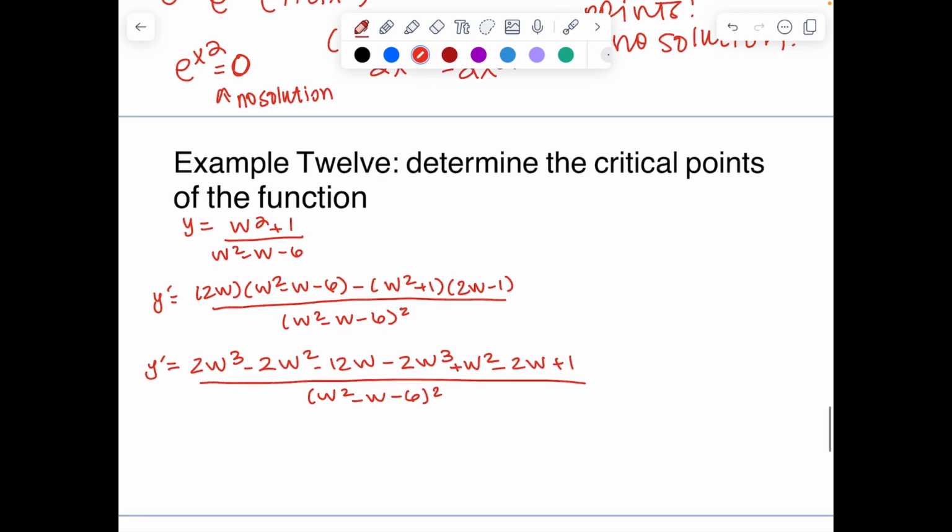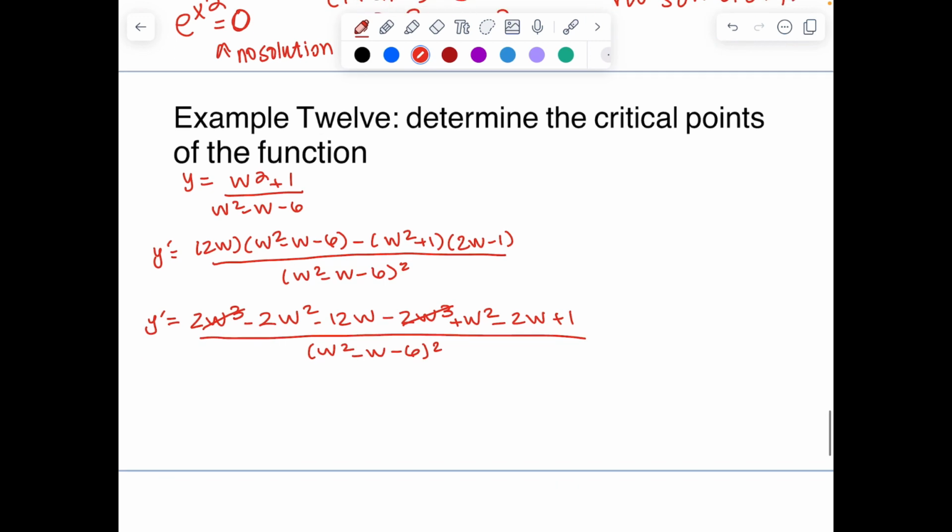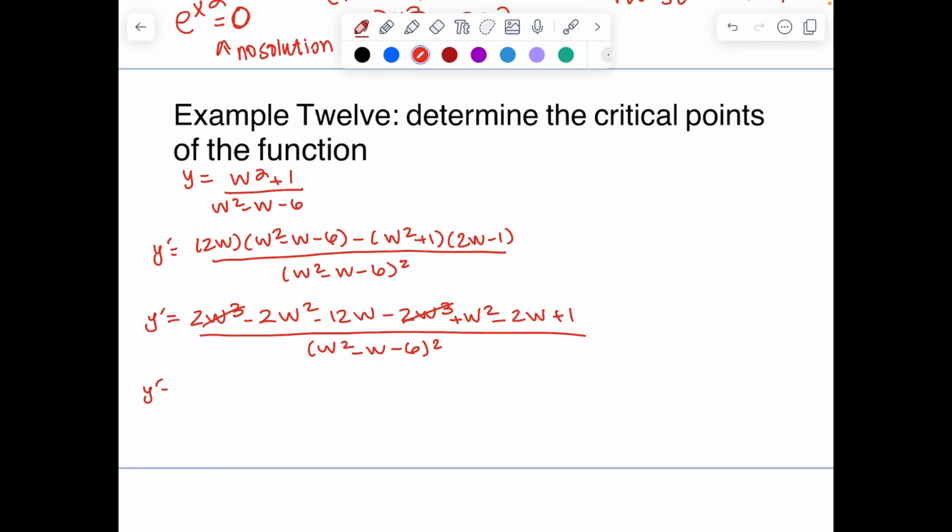And then these cancel out because they're like terms. And I think that's all that cancels out nicely. So now I'm going to combine like terms. So negative 2w squared plus w squared is negative w squared. And then I'll have minus 14w plus 1 all over w squared minus w minus 6 squared. So that's it cleaned up. Now I'm going to set that equal to 0 so I can solve for it.